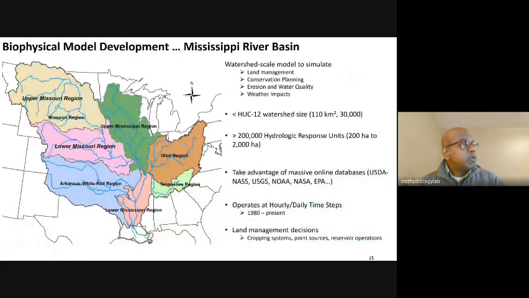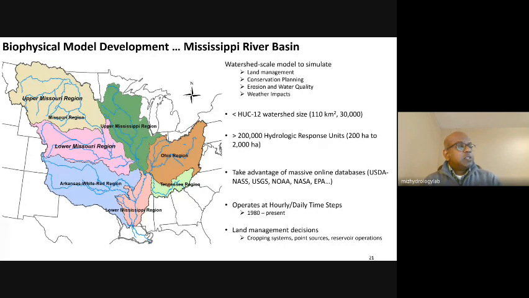So what we did, we divided the entire Mississippi River Basin into 7 different regions. We further divided that into about 30,000 smaller watersheds. Each watershed is further divided into what we call hydrologic response units, and then we applied the water balance and chemical transport model in each of those smaller units in order to understand the spatial and temporal variability.